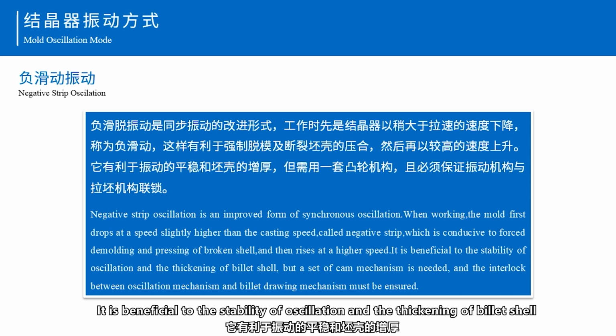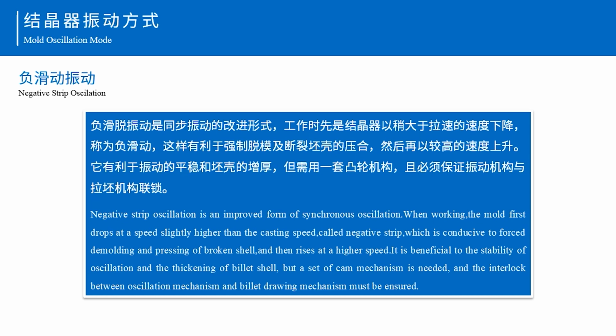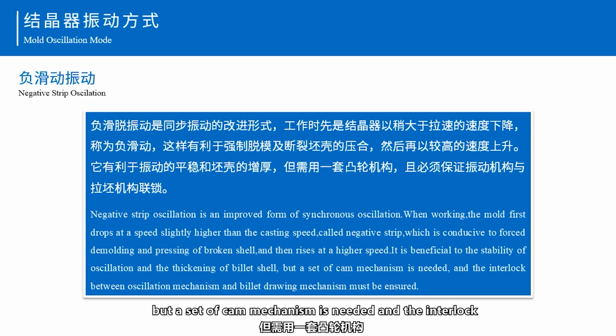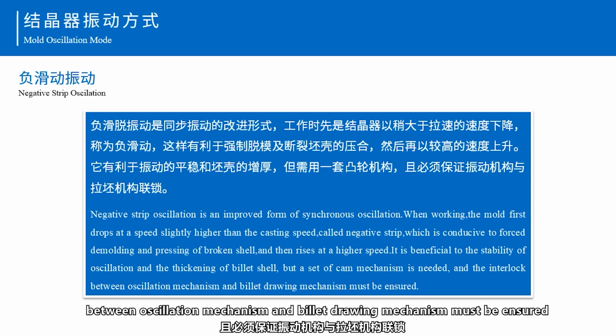It is beneficial to the stability of isolation and the thickening of the billet shell. But a cam mechanism is needed, and interlock between the isolation mechanism and the billet drawing mechanism must be ensured.